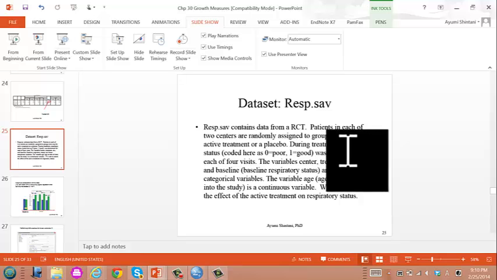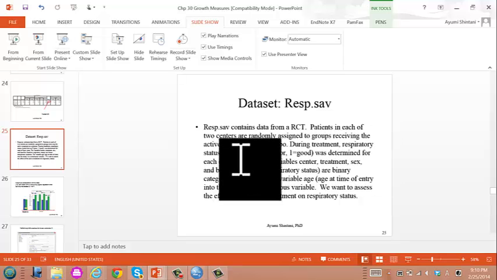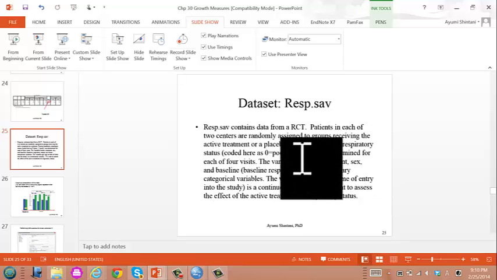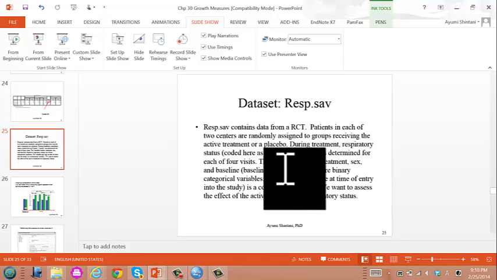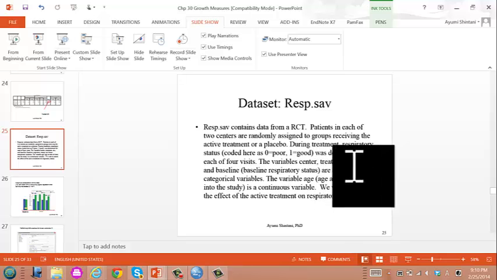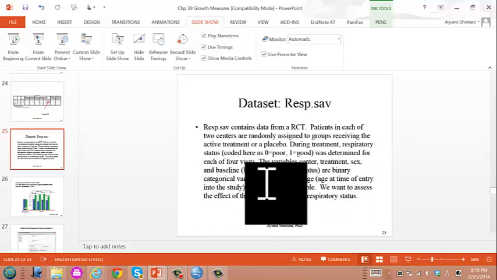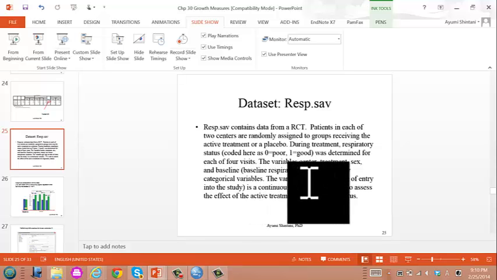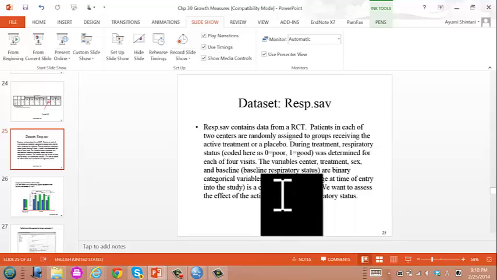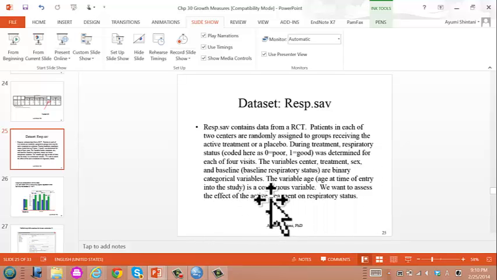During treatment, respiratory status, coded here 0 as poor and 1 as good, was determined for each of 4 visits. The variables center, treatment, sex, and baseline are binary categorical variables. And the variable age is a continuous variable. We want to assess the effect of the active treatment on the respiratory status.